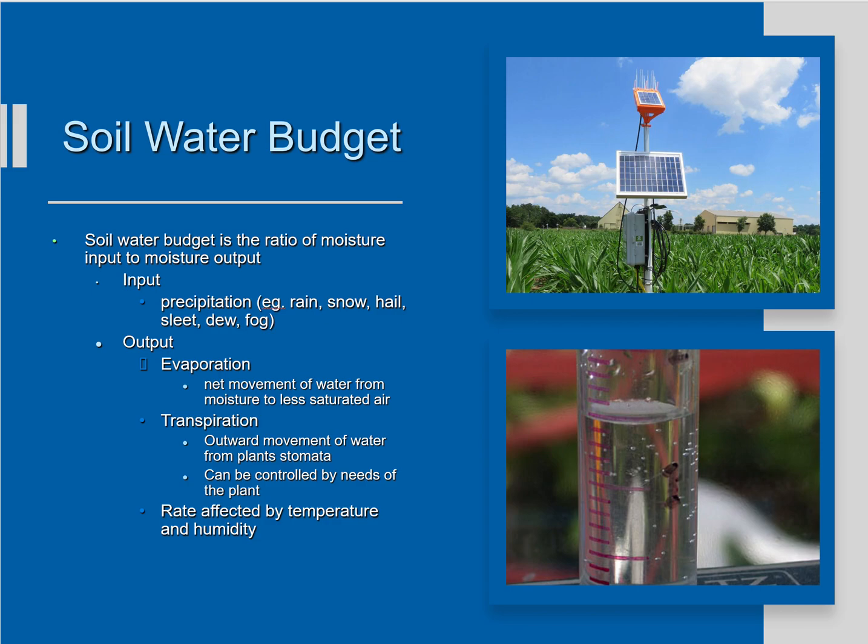The input and output rates are influenced by temperature and humidity, and each of those in the unique geographic location that the soil moisture budget is being measured in is going to then produce different characteristics of how much moisture is actually available for crop production. And that volume of water which is available is going to tell the agricultural community in that area what they should be able to plant with success.